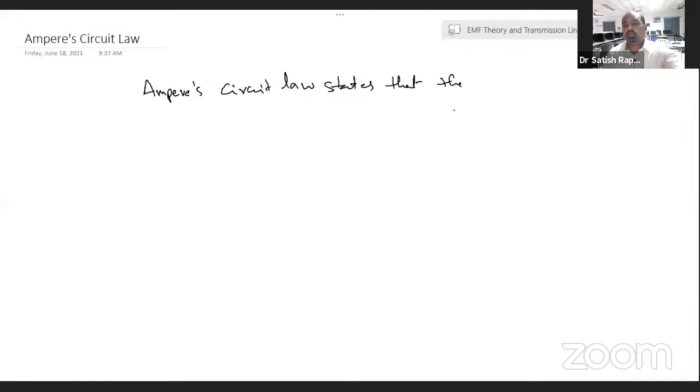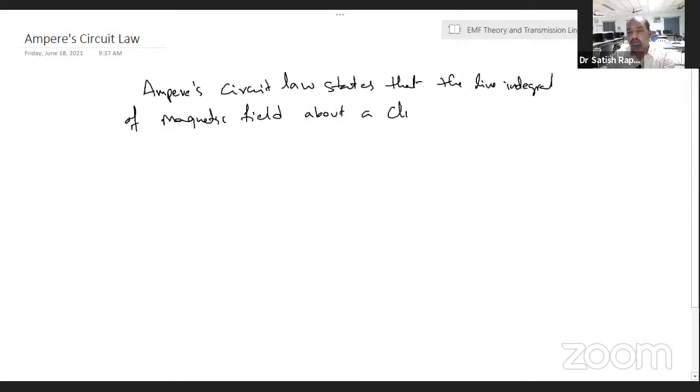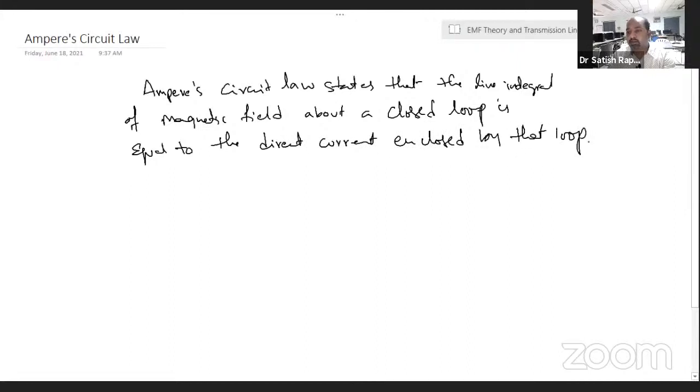Right. So welcome back. Ampere's circuit law states that the line integral of magnetic field about a closed loop is equal to the direct current enclosed by that loop, right?